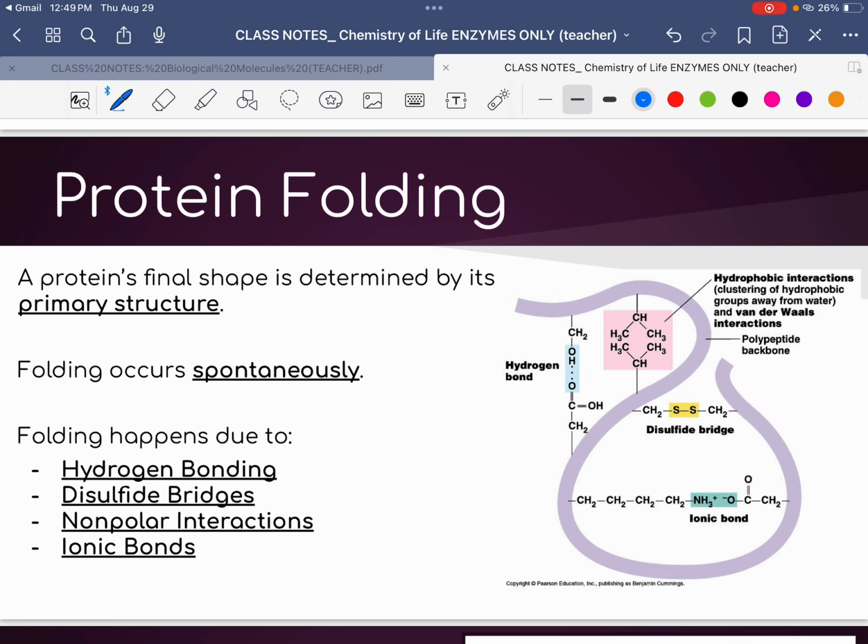Okay, and then the last thing I'll say about folding is just that, again, the protein's final shape is determined by its primary structure, right? And again, if we change the primary structure, then you change the shape, which ultimately will change the function.